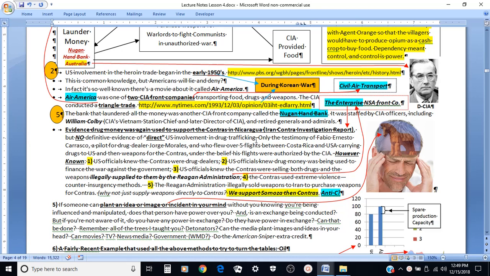There's only the testimony of Fabio Ernesto Carrasco, a pilot for drug dealer Jorge Morales, who flew over 5 flights between Costa Rica and the United States, carrying drugs to the U.S. and then weapons to the Contras, under the belief that his flights were authorized by the CIA. So that's it. He believed it, right?